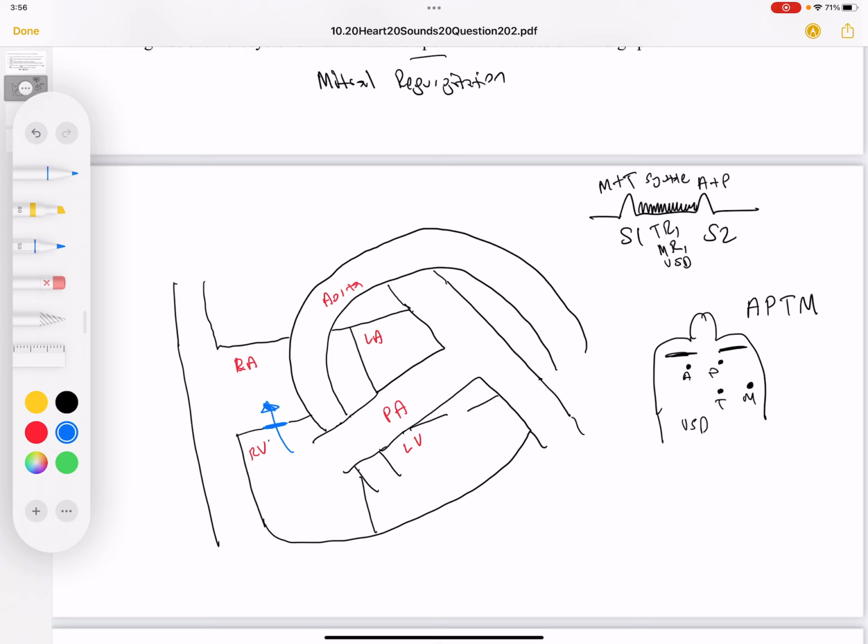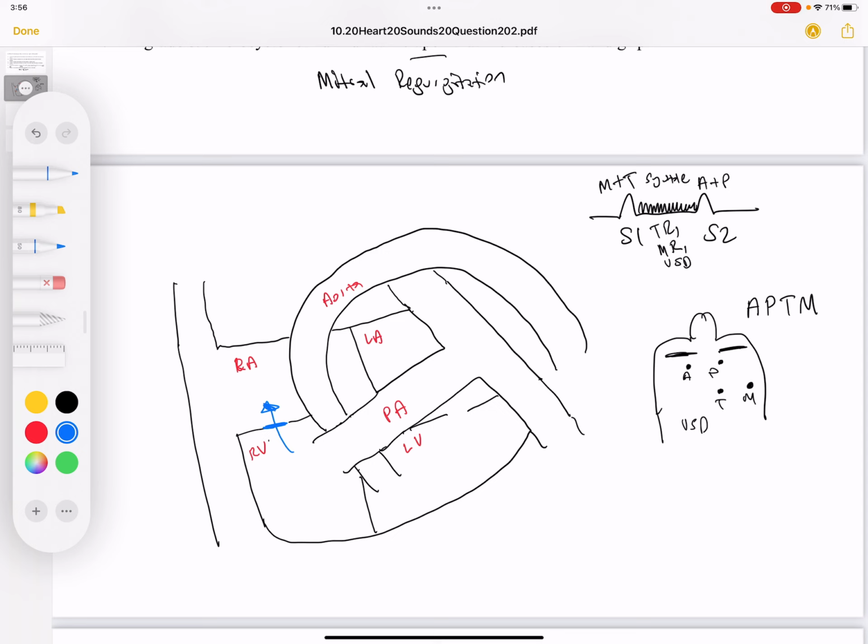The reason for this is during inhalation, intrathoracic volume is going to increase, and this is going to decrease the pressure found within the right atrium. If the pressure within the right atrium decreases, then this will result in more blood coming to the right atrium because blood flows from high pressure to low pressure.